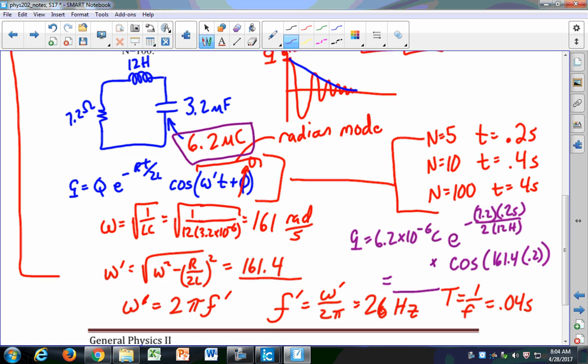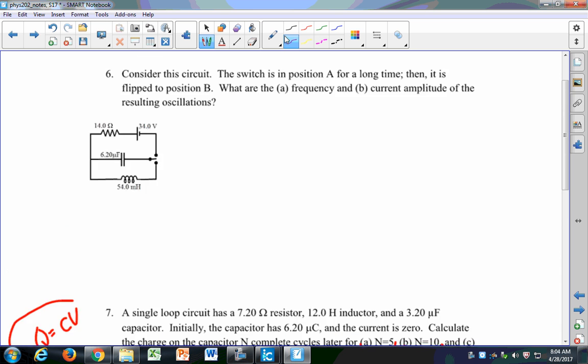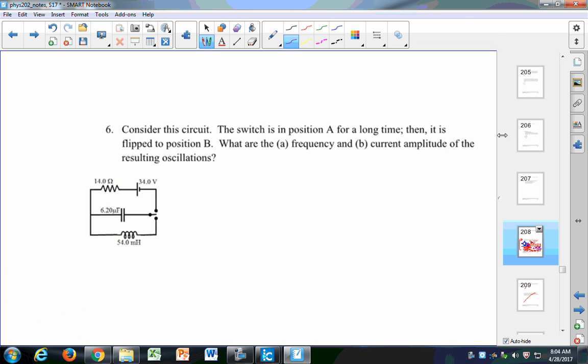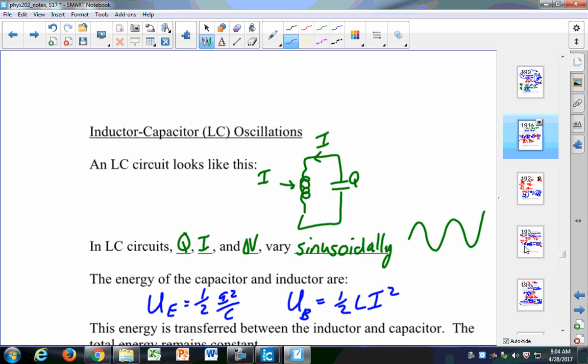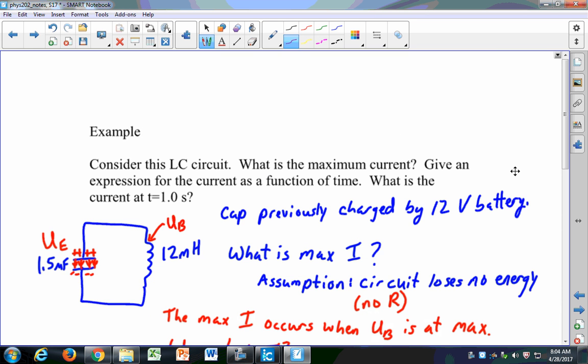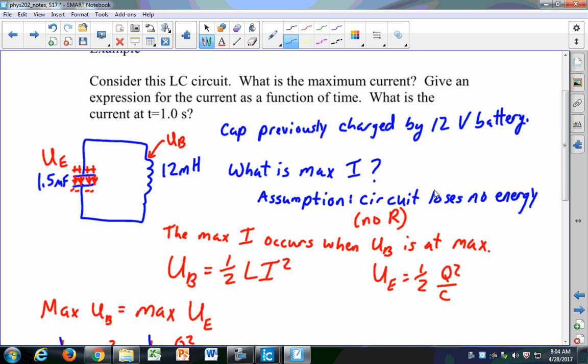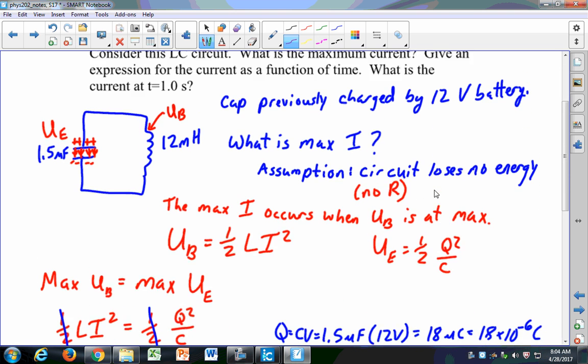Questions? Difficulties? Okay. What's the difference between, on page 193, you have the RLC circuit, and it asks for the maximum current. Okay, hold on, let me go to that page. 193? Yes. Okay, the maximum current.